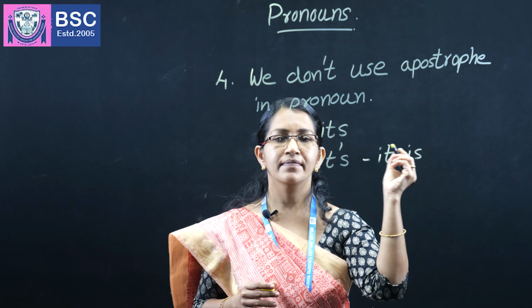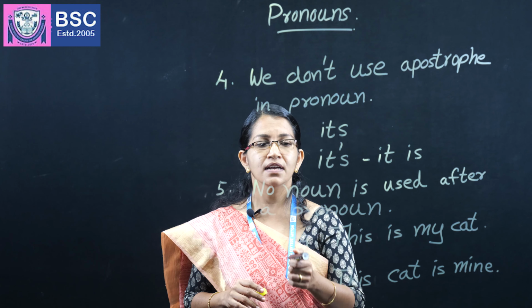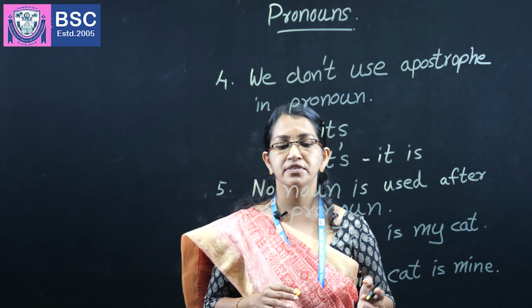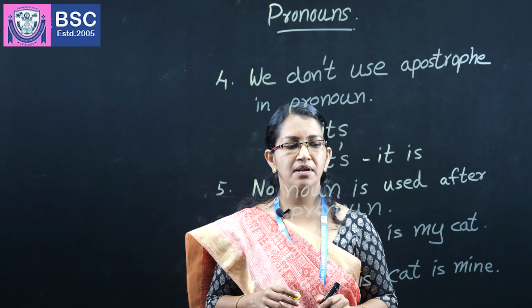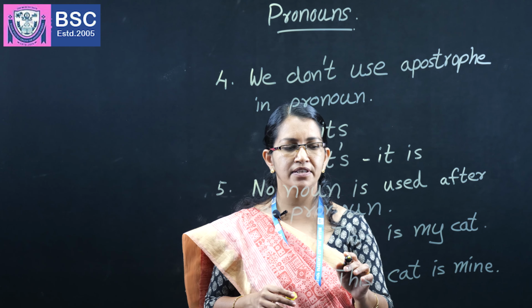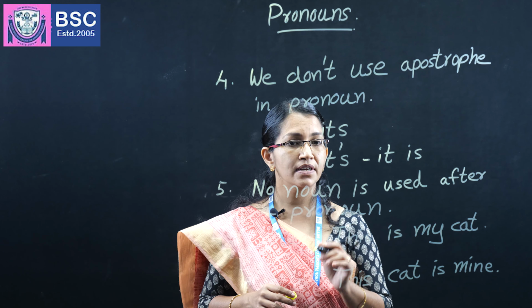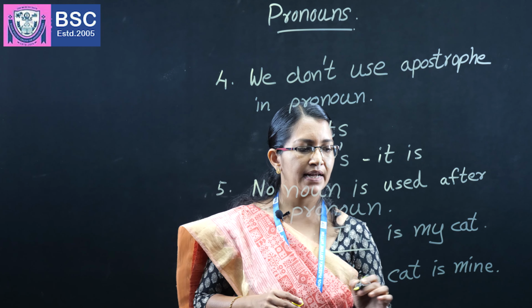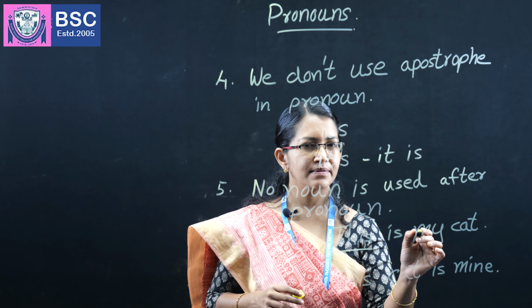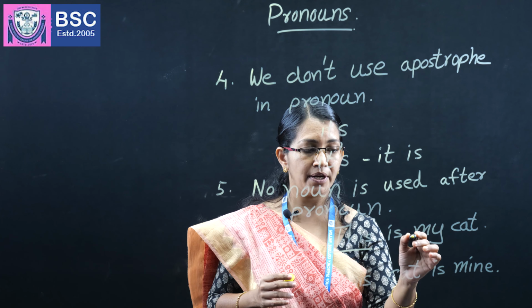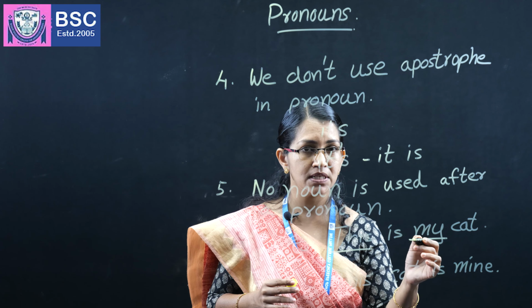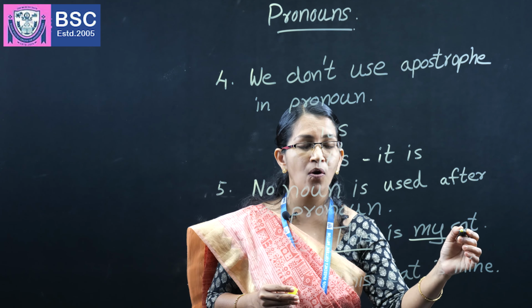The fifth point that you should keep in your mind is no noun is used after a pronoun. Say for example, look at the sentences that are given here. This is my cat. Here, this is actually a pronoun. And my, you may think is a pronoun, but it's not actually a pronoun because you have a noun, cat, which is coming after the word.